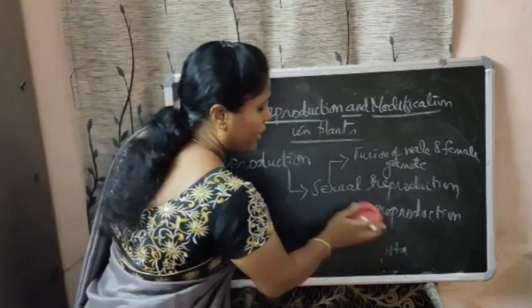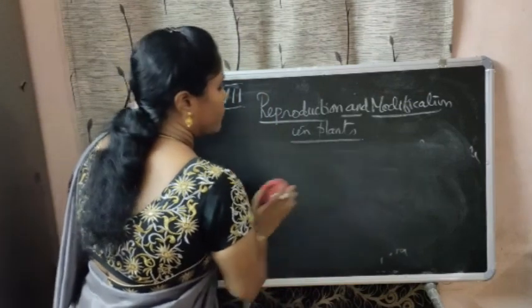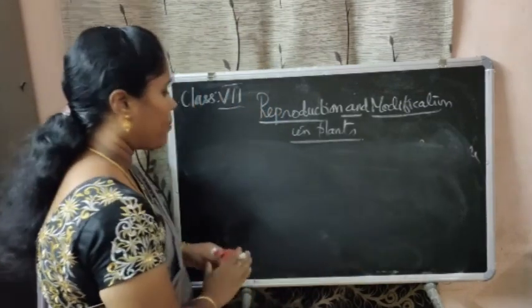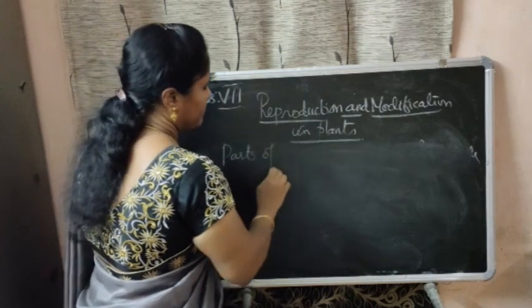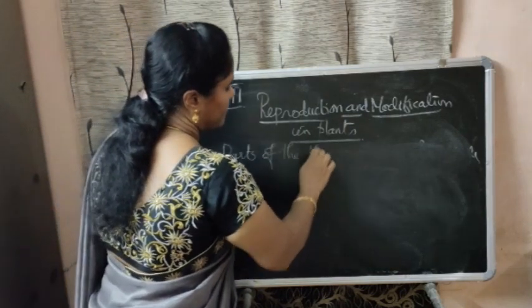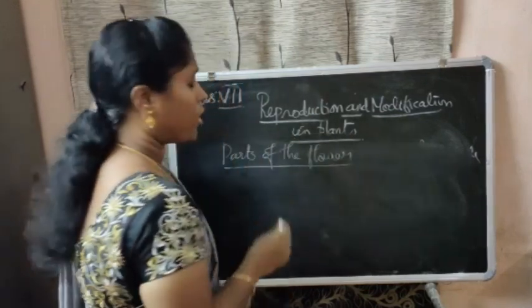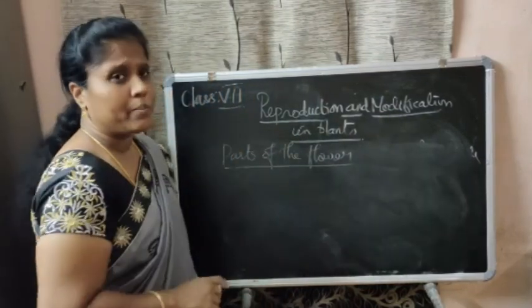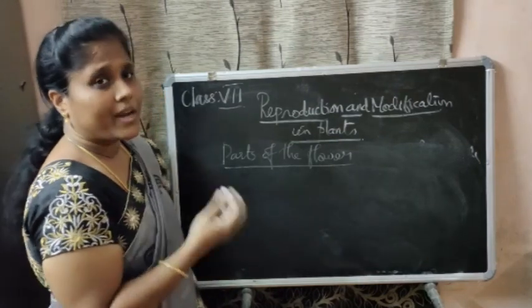Before knowing about sexual reproduction, we have to learn about the parts of the flower. We are going to first learn what the parts of the flower are.